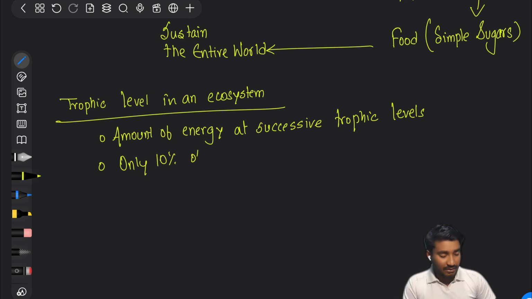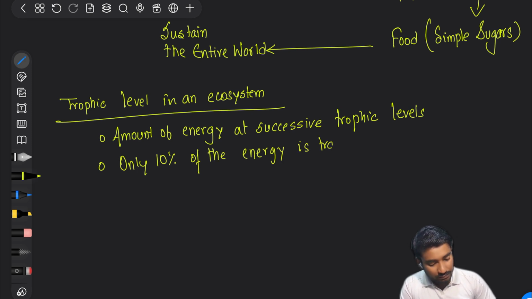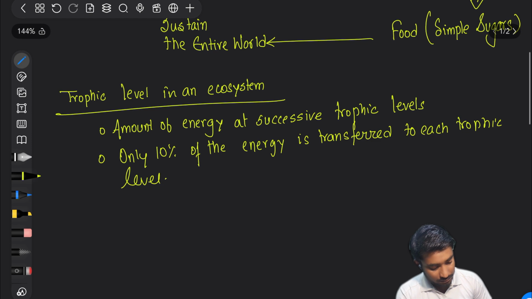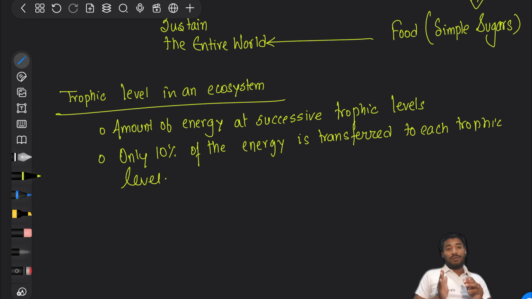Only 10% of the energy is transferred to each trophic level from the lower trophic level.